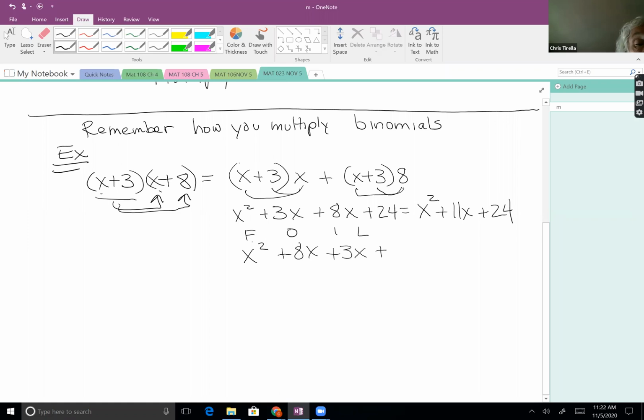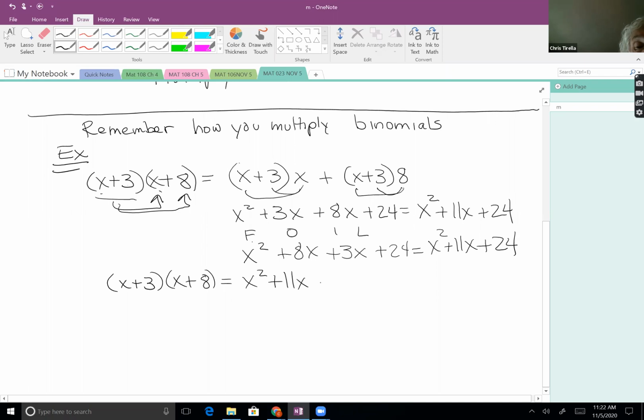And L, the last from each parentheses, gives me the 24. I also get X squared plus 11X plus 24. No matter how I multiply it, X plus 3 times X plus 8 is equal to X squared plus 11X plus 24.